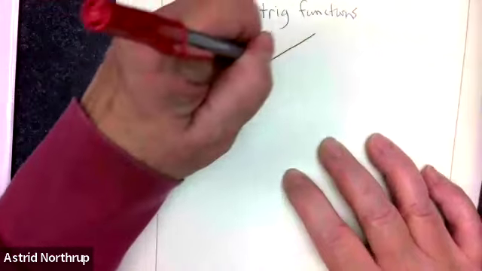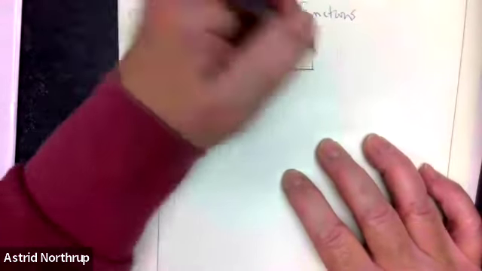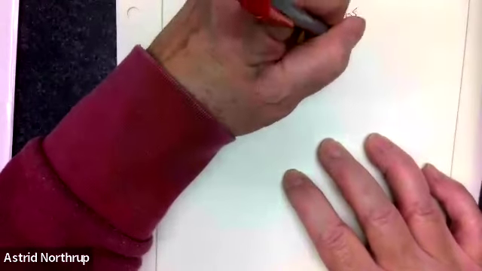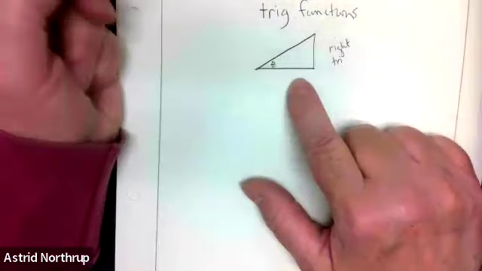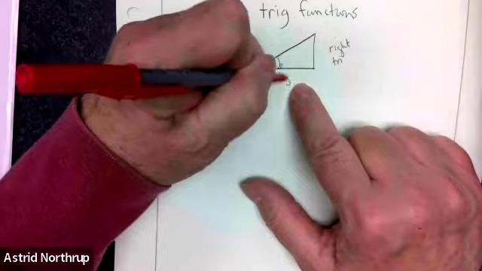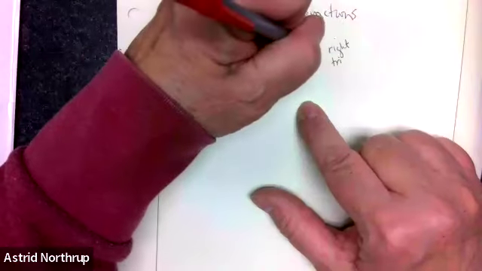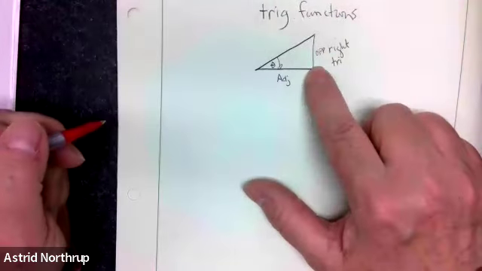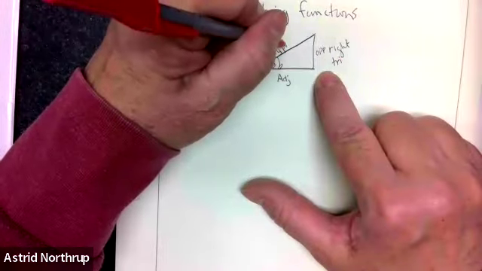I'll just do the basic thing and then I'll go to what we do specifically. It always starts with a right triangle. If you have an angle here, which is called theta, this is the leg that is adjacent, meaning next to the angle theta. This is the side opposite theta, across from it, and this is the hypotenuse.